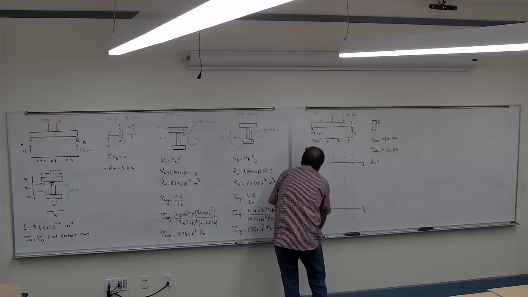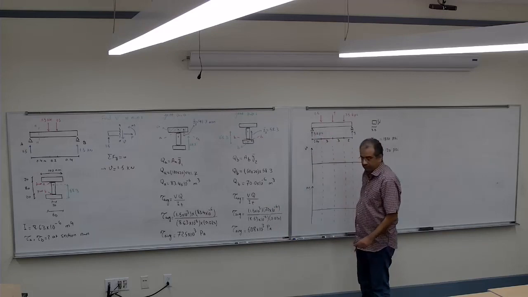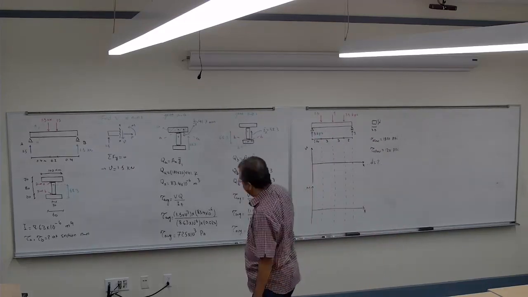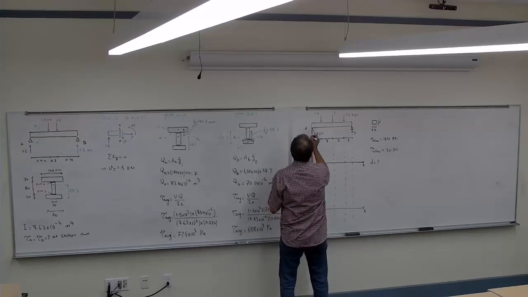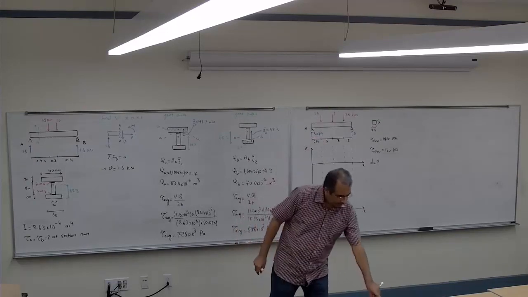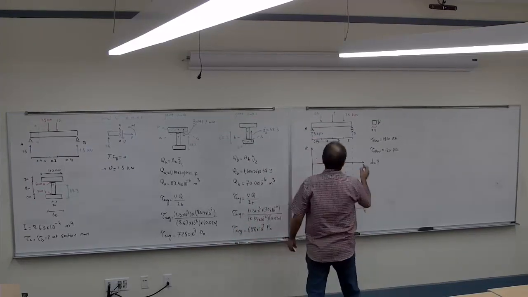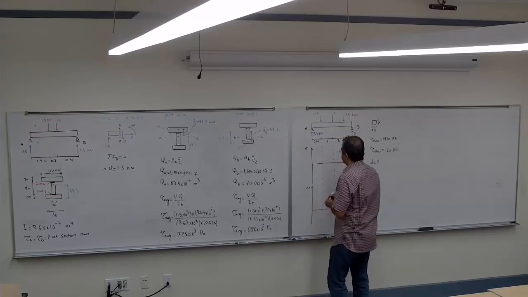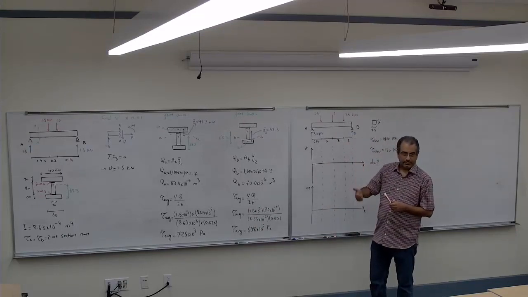So let us start from the shear. Shear at point A. How much is the shear at A? 3, positive 3, we are going up.